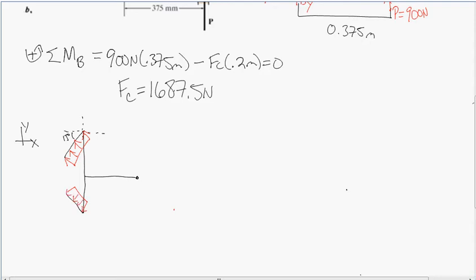So since this is a cone, it would go around the radius. And also at point C, we have the force acting in the opposite direction as above in the lever diagram.